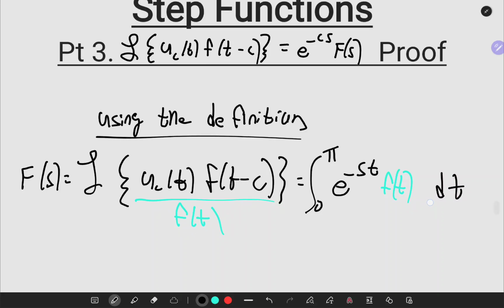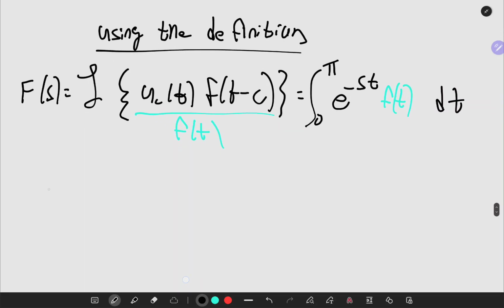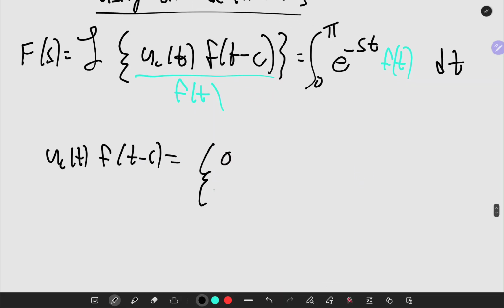Now, just remember, it starts at 0, goes up to f(t − c).